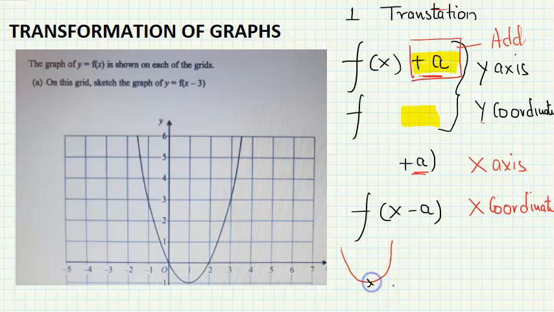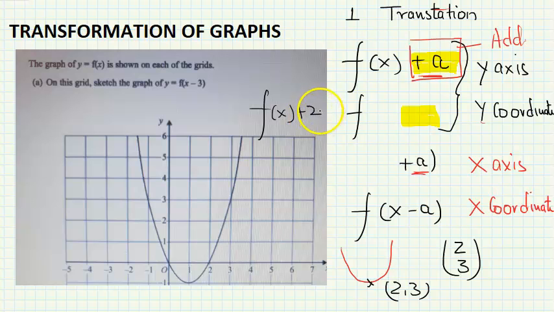So if the coordinate of this vertex is 2, 3, then it can be written as a column vector, 2 and 3. Now, if the question says f(x) plus 2, as I told you, if it is outside, it will only affect the y coordinate.